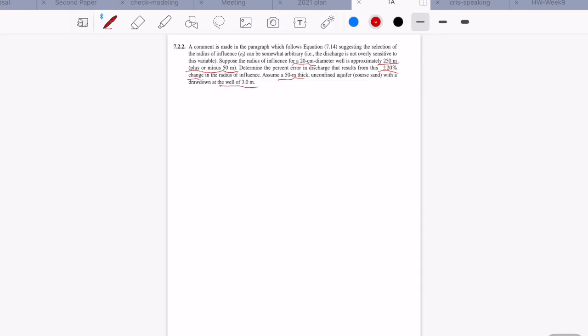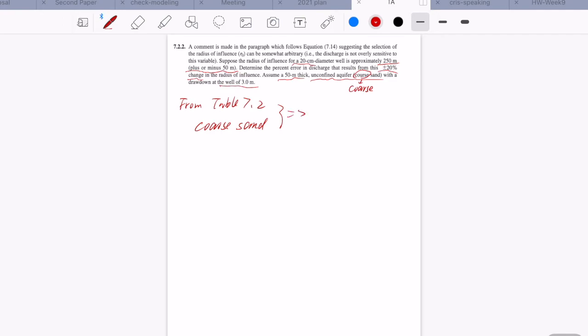So for this problem, first we need to obtain the K value. From table 7.2 in the textbook, we know the unconfined aquifer is a coarse sand.